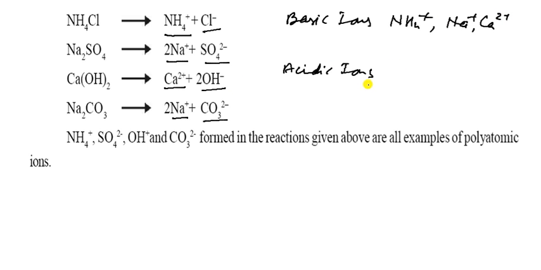And here are the acid radical ions: chloride, sulfate, hydroxide, and carbonate, CO3 2 minus. So these are the ions. Let us see what will happen in the second.